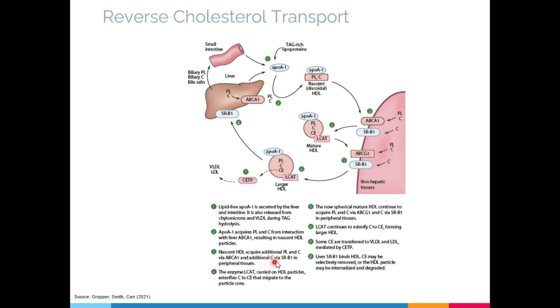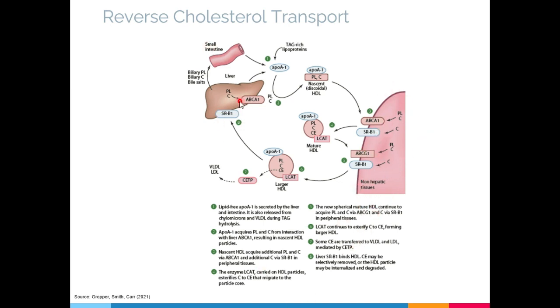They acquire more PL and cholesterol via ABCA1. Okay? So mudako gamay lang ang kuan. Just a little bit lang nga pagdako para ang nascent mahimong mature HDL, and para mahimo na mo-acquire siya og additional phospholipid and cholesterol from the non-hepatic tissues.